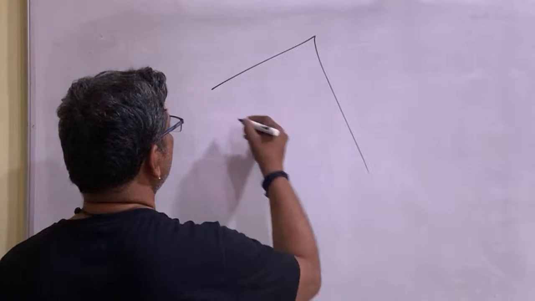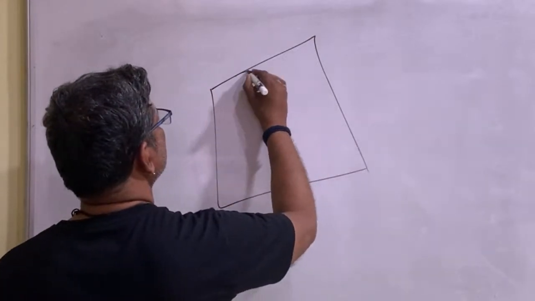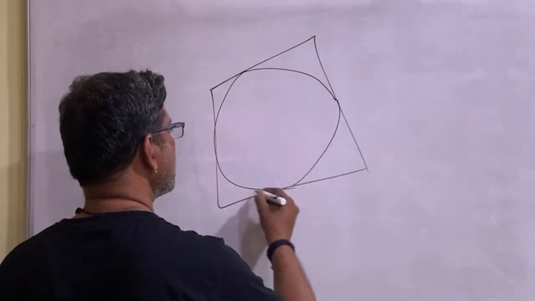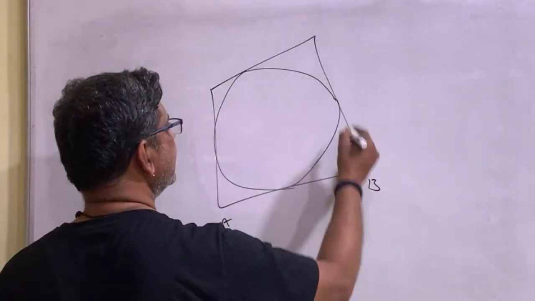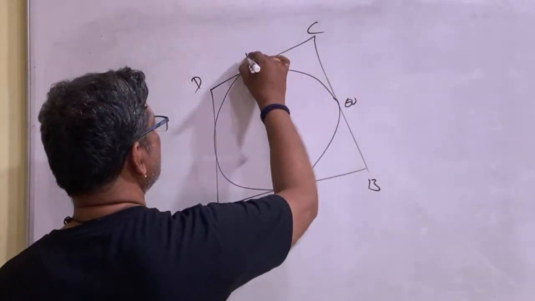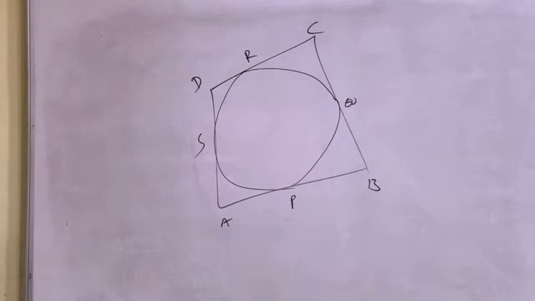Now there is a quadrilateral. ABCD circumscribes a circle, and all the four sides of the quadrilateral are tangents to the circle.